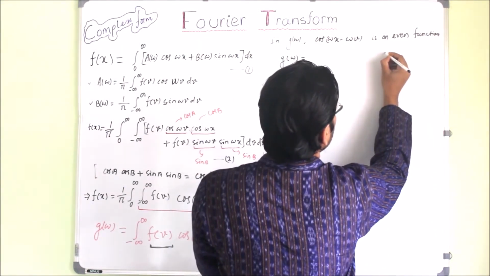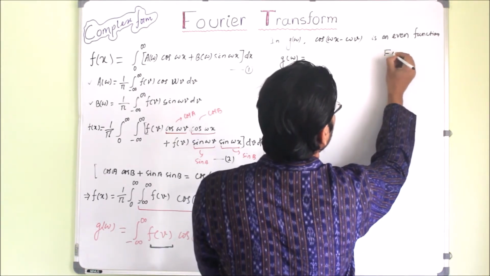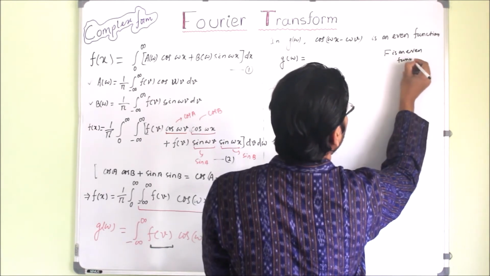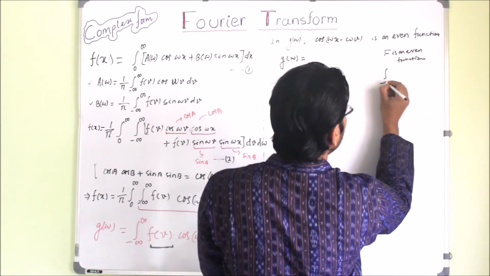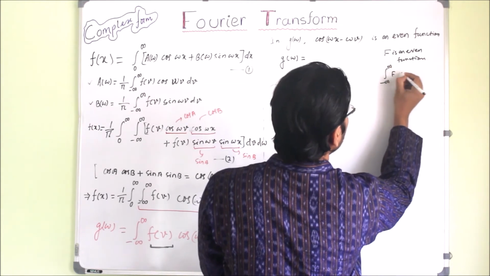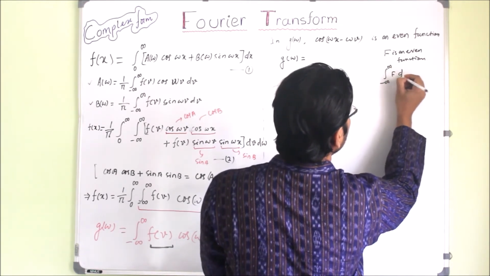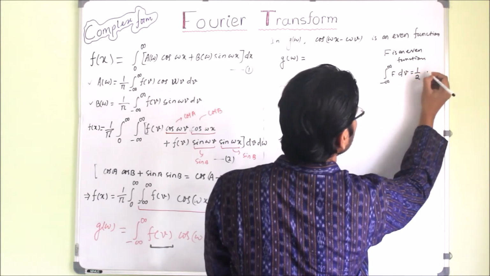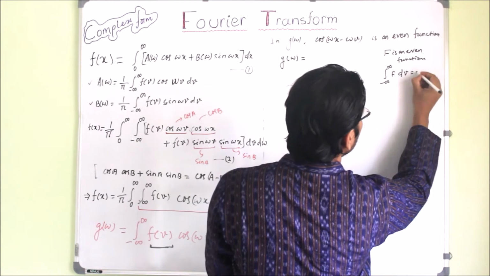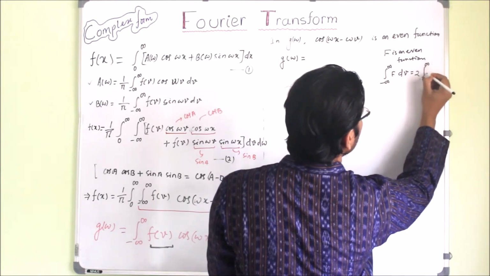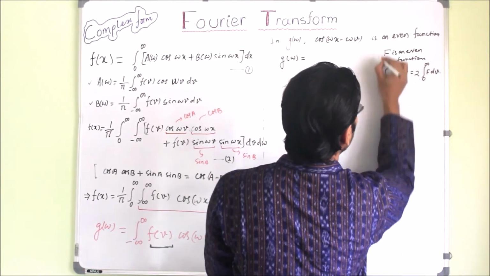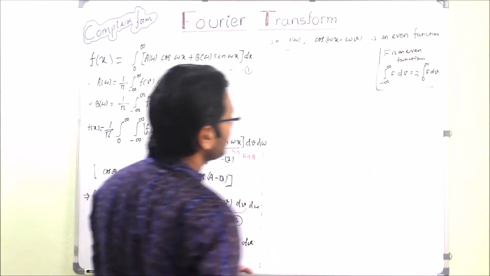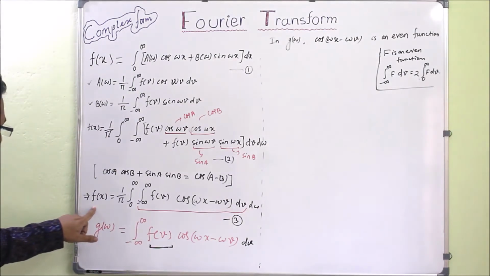Let capital F be an even function, then the integral from minus infinity to infinity of f dv will be 2 times the integral from 0 to infinity of f dv. This formula we have to apply, so this property we have to use here to find f of x.